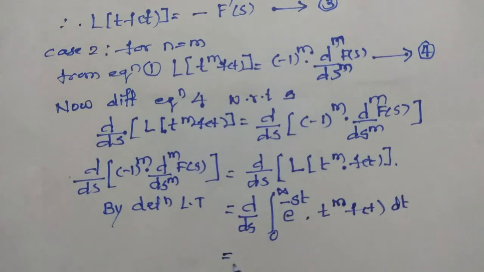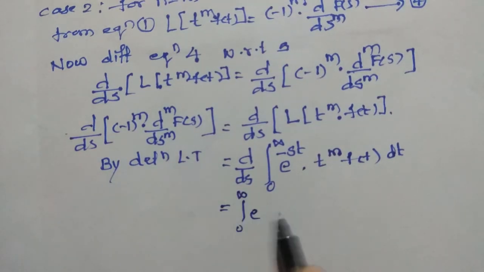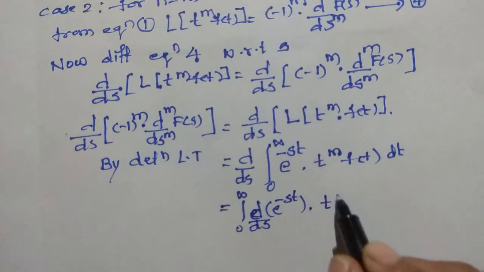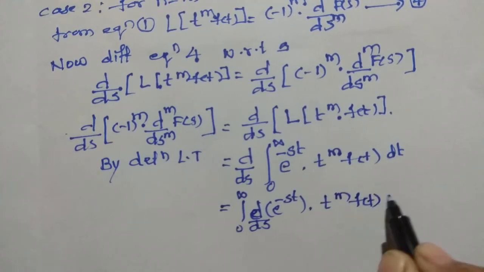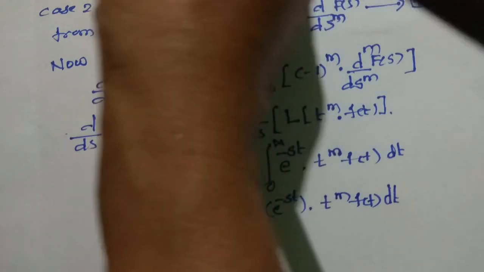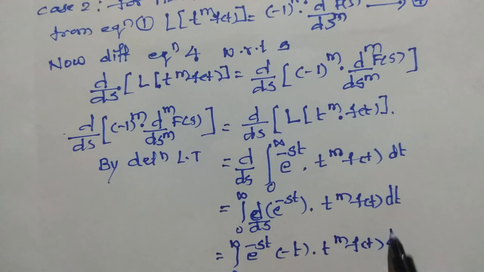Now take the derivative inside the integral, that is d by ds of e raised to minus st, and treat t raised to m f of t as a constant. Same as we did in case 1, that is the integral from 0 to infinity of e raised to minus st with the constant minus t into t raised to m f of t with respect to t.